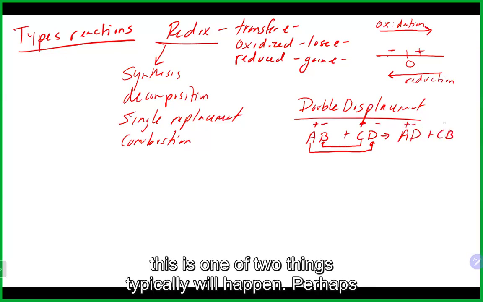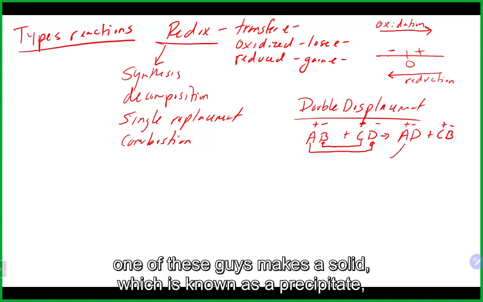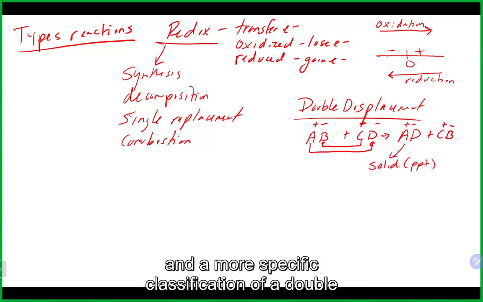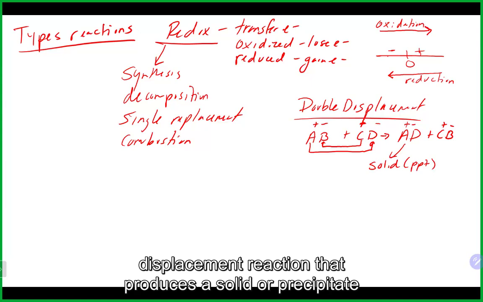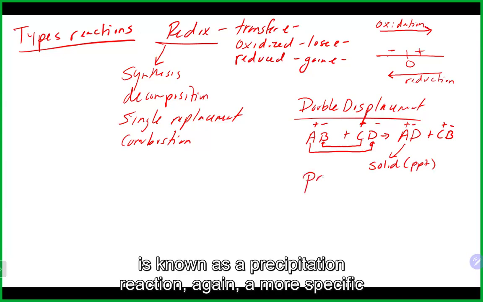And the result of this is one of two things typically will happen. Perhaps one of these guys makes a solid, which is known as a precipitate, and a more specific classification of a double displacement reaction that produces a solid or precipitate is known as a precipitation reaction.